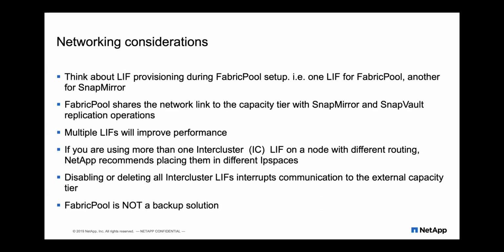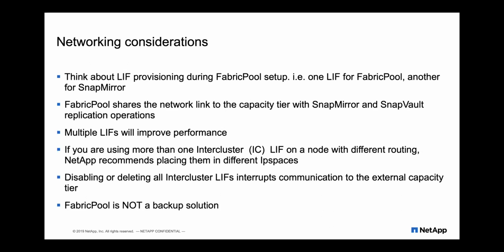And in general, if you've got more than one intercluster LIF and you've got different routing, so your SnapMirror routing may be completely different than where you're routing to your capacity tier, we highly recommend placing them in different IP spaces. Fabric pool can choose from multiple IP spaces, but it can't really choose which LIF within an IP space to choose. So you may have a situation where it chooses a different IC LIF, which is meant for your SnapMirror, than what you intended for your fabric pool traffic. Just keep that in mind.